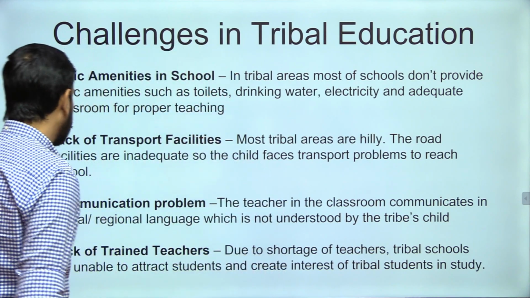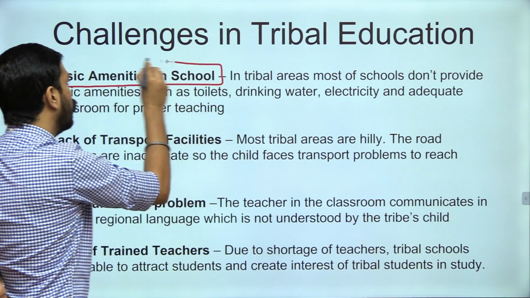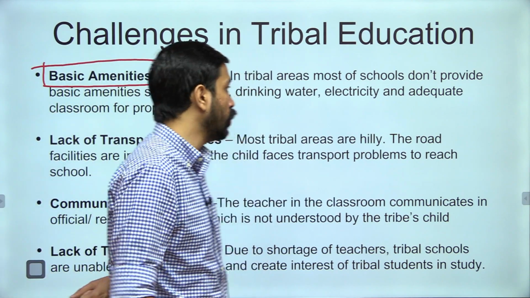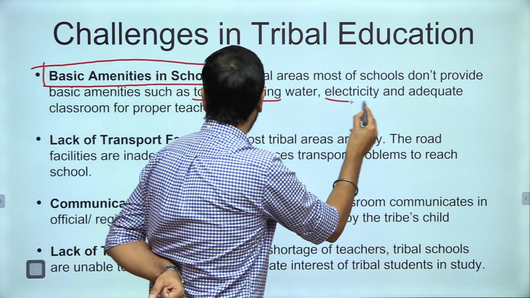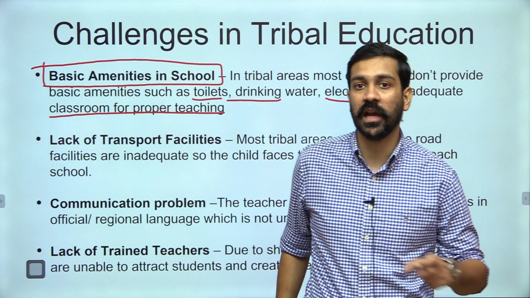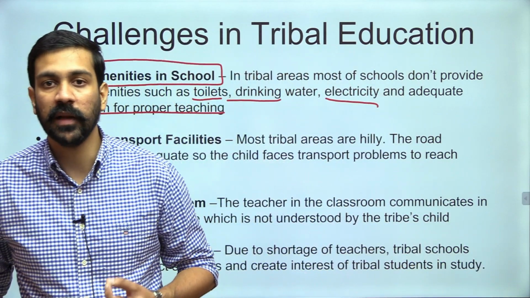So what are the basic challenges? First of all, basic amenities in schools. In tribal schools of the country, they do not have basic amenities such as toilets, drinking water, electricity, and adequate classrooms for proper teaching, due to which they have not been able to perform efficiently or productively.